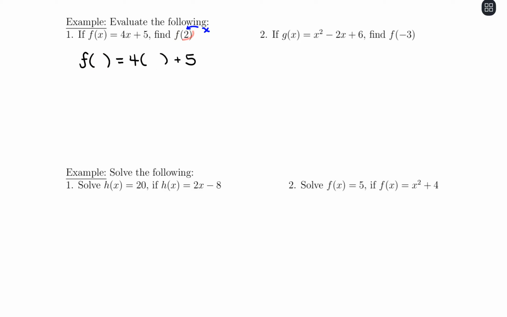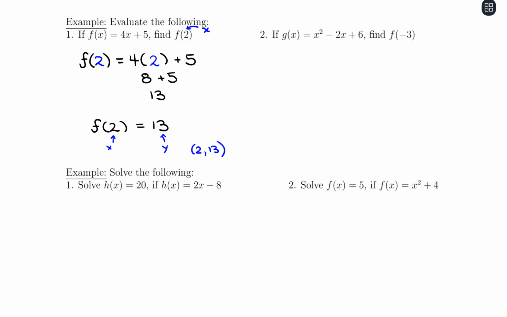So in this case, we're inputting a value of 2, so f of 2 is equal to 4 times 2 plus 5, which is 8 plus 5, which is 13. So f of 2 is equal to 13. So what we're ending with here is x equals 2, y equals 13. If we were trying to graph this function, this would actually be giving a coordinate (2, 13) if we wanted to take it that far.